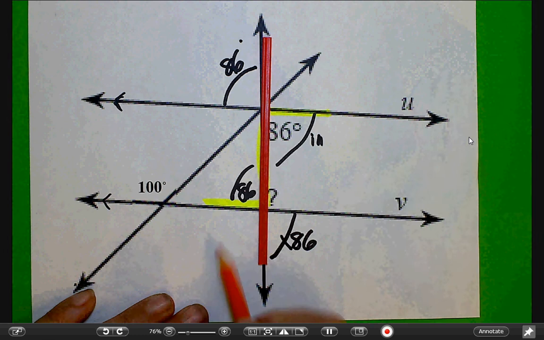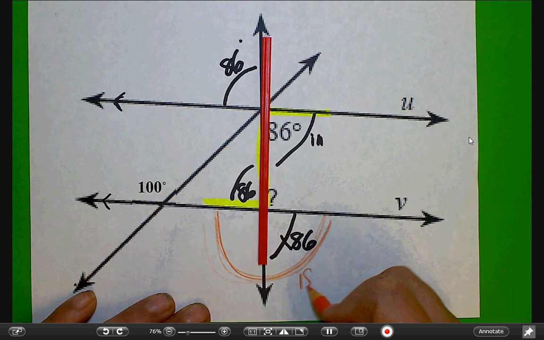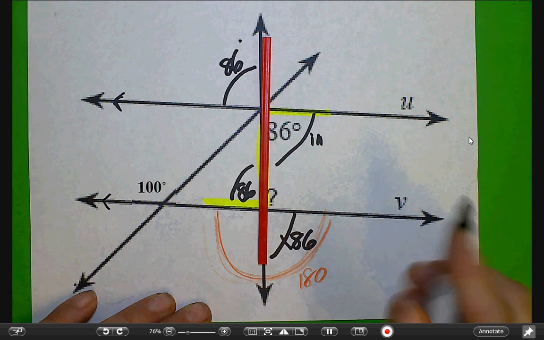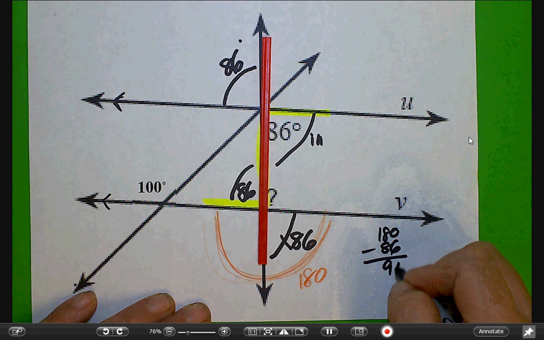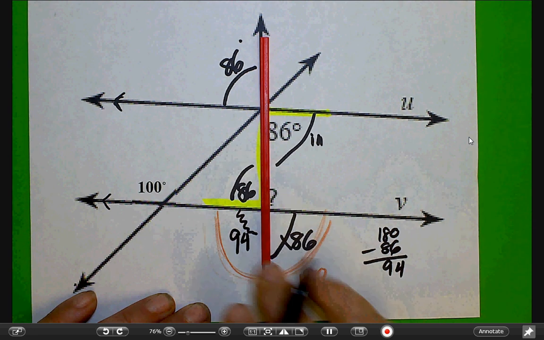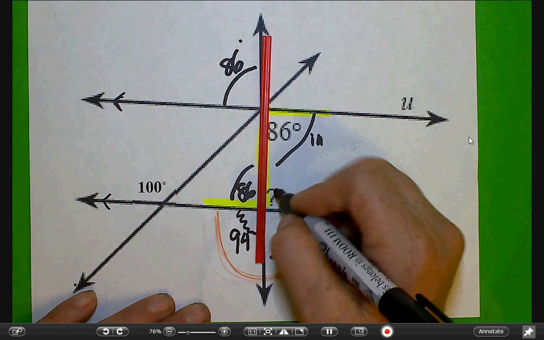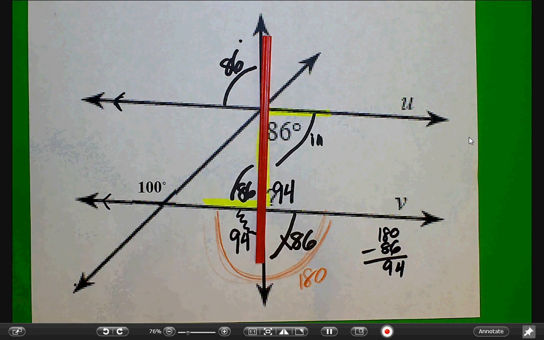Let's see what else we can find. We have a linear pair here, which means it adds up to 180. So we can take 180 minus 86. You get 94. That means this angle over here has to be 94. Let's walk it up the stir stick. Vertical angles, that's also 94.